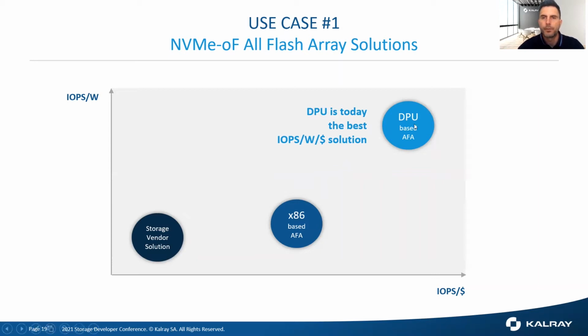And we see that today a DPU is the best solution when you look at IOPS per dollar, so in terms of cost, versus the two others, or even better in terms of IOPS per watt, because DPUs have a much lower power consumption than x86 based platforms.